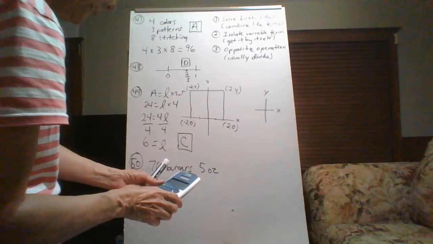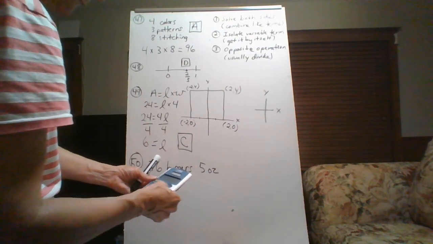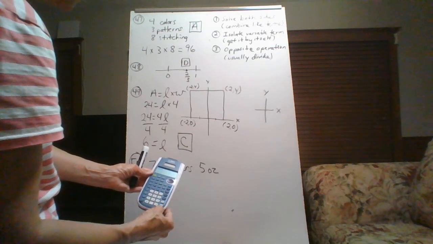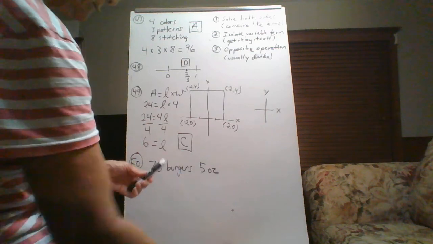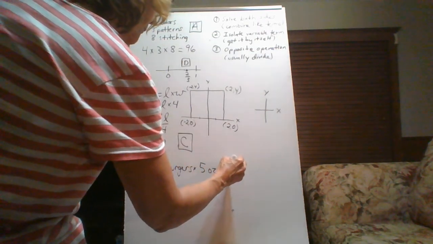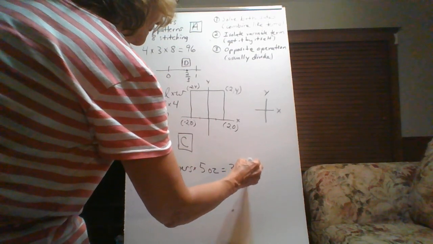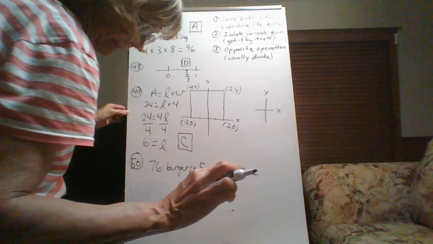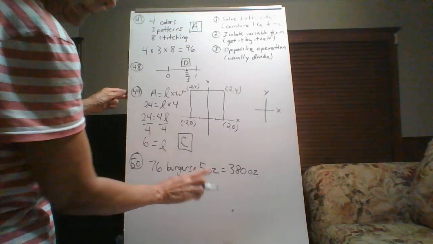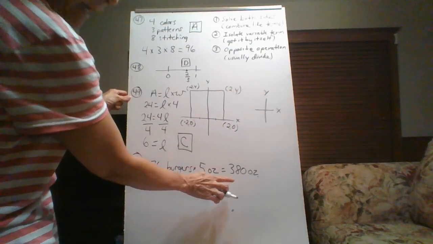So let's use our calculator first. 76 times 5, 380. So we're going to need 380 ounces. Okay? Oh, you know what? I took off solving, didn't I? Well, let me show you because this may make it easier. But I don't want ounces.